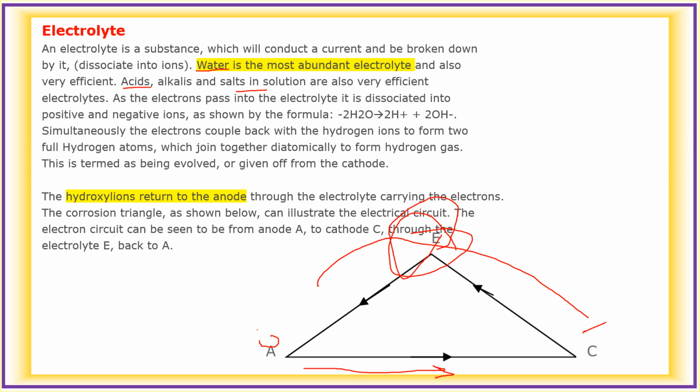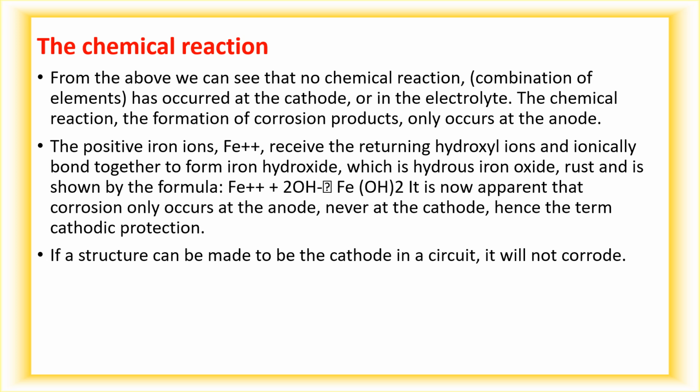So this is called the corrosion triangle. If a structure can be made a cathode, it won't corrode. So generally for that, cathodic protection technology has been introduced.